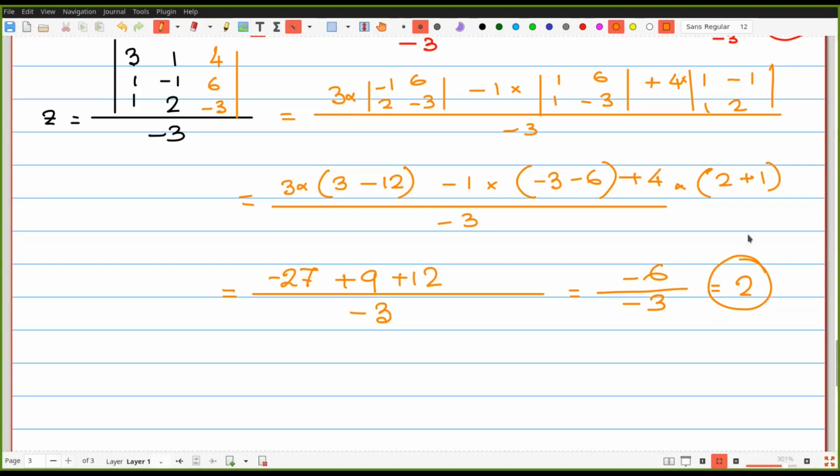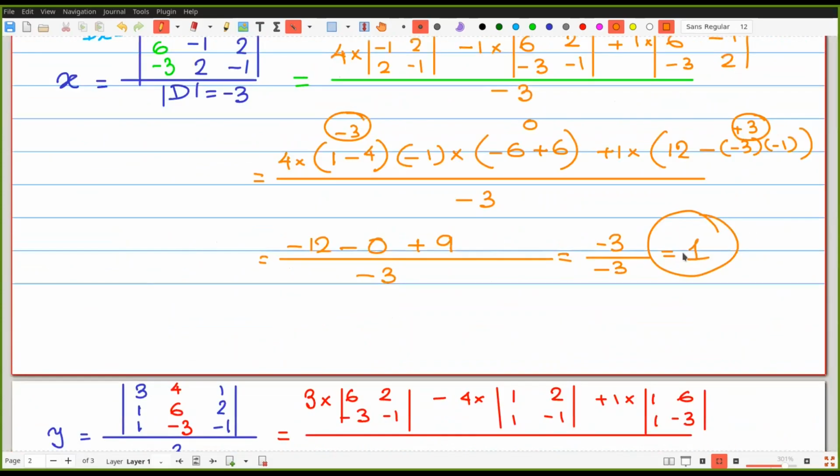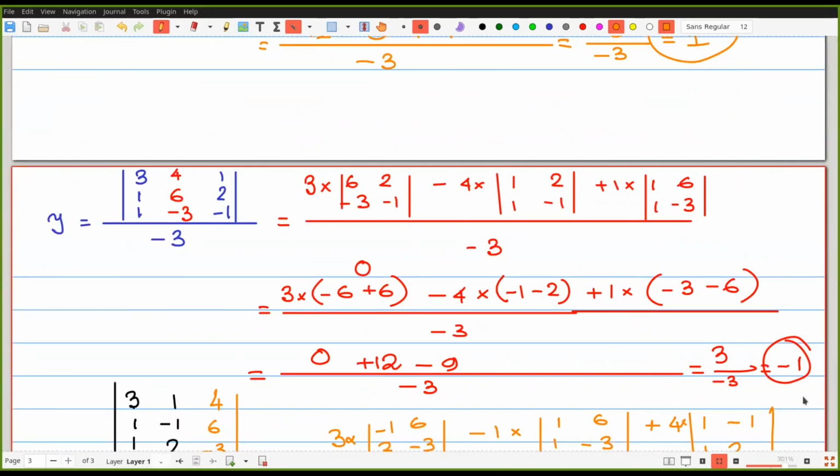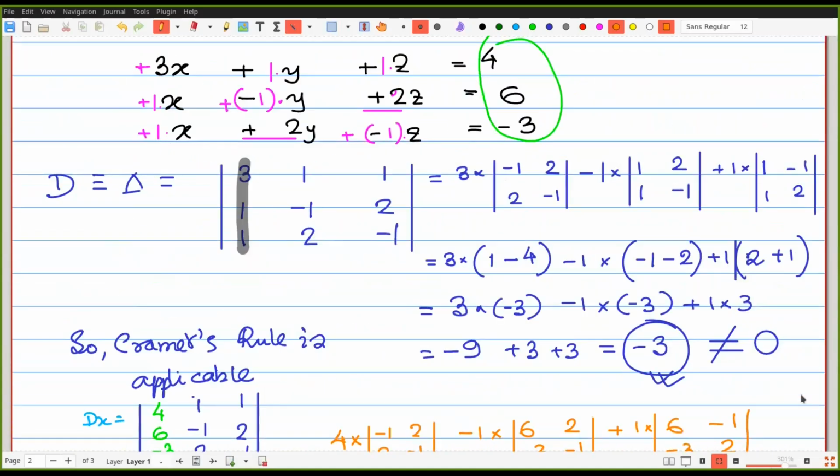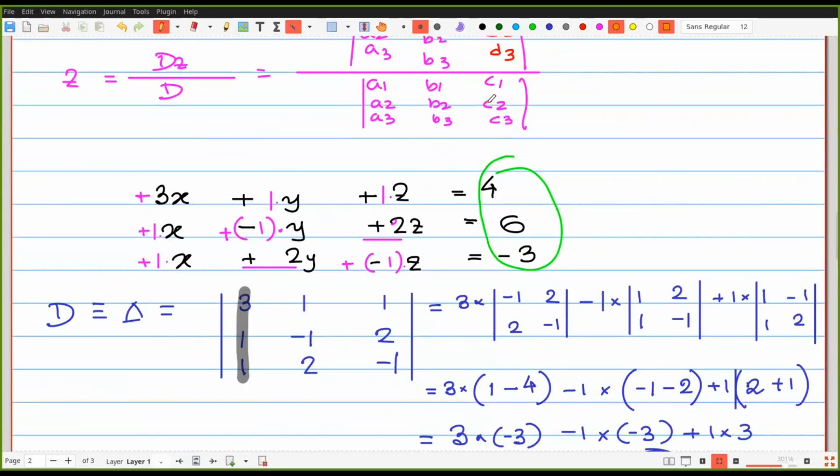So what about the values we have found? x is equal to 1, y is equal to minus 1, z is equal to 2. Now we can check ourselves that the result we have found or the solution is true or not.